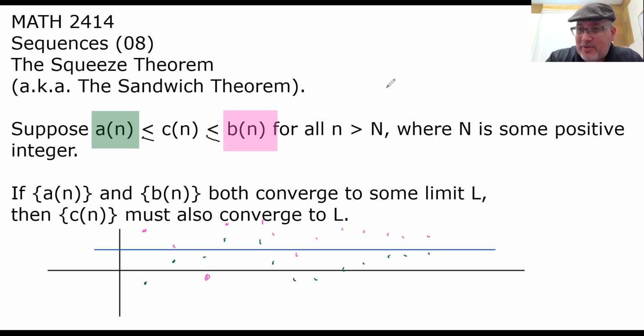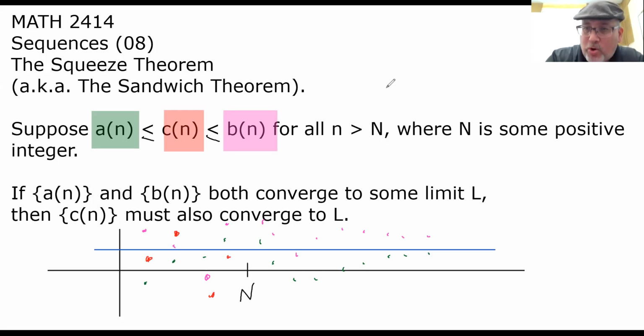And let's say that we have a third sequence, in red. Let's say that we've got a third sequence that at the beginning could be in between, or it could be above them all, or it could be below them all. But at some point, and let's say this point is here, here's capital N.